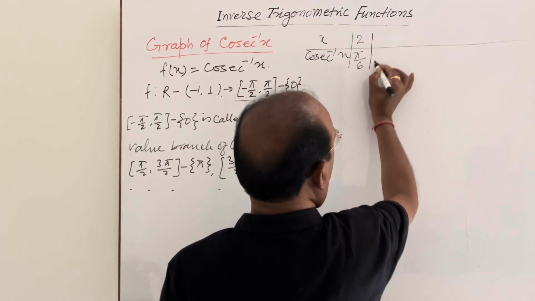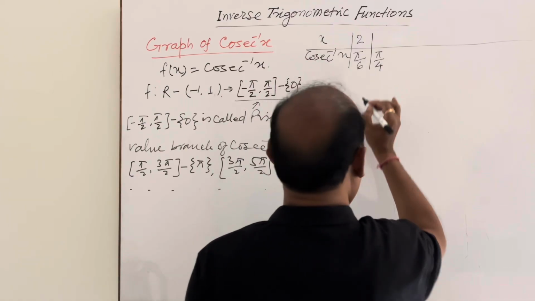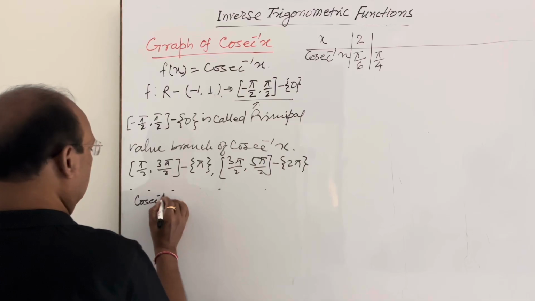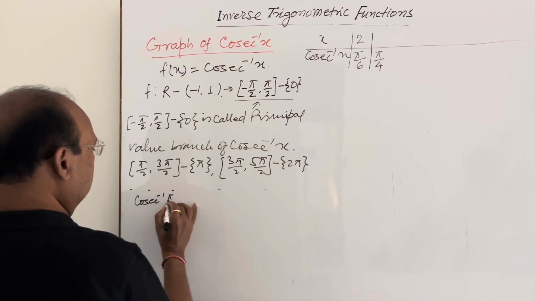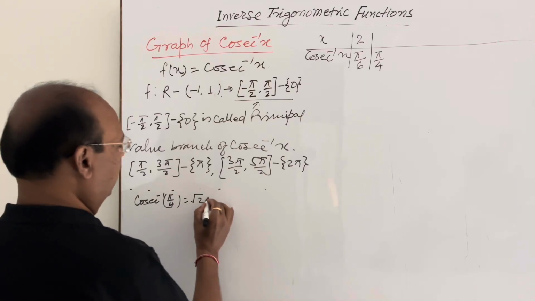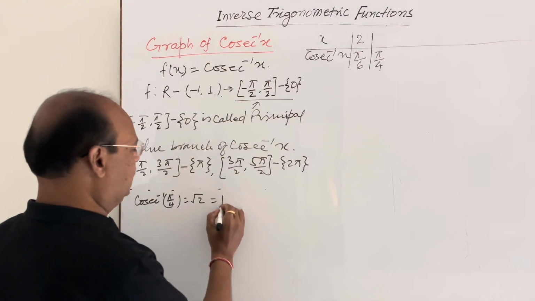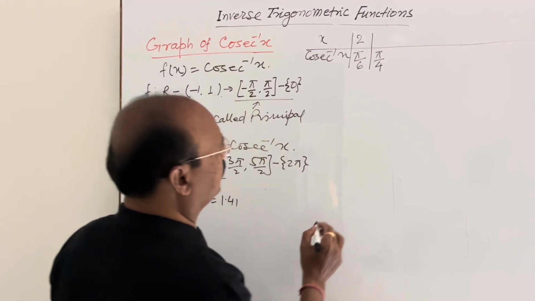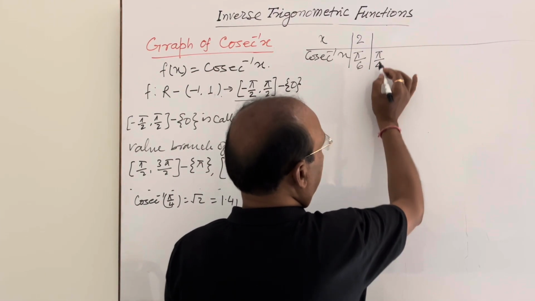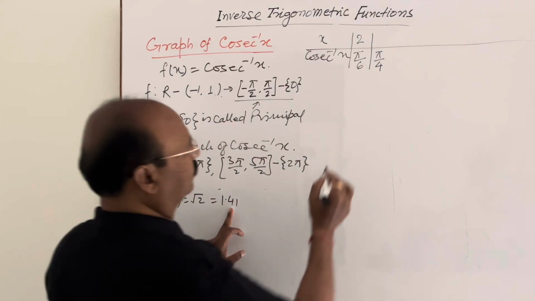Now we can take pi by 4. So the value of cosec of pi by 4 is equal to root 2, and the value of root 2 in decimal form is 1.41. So against the value of cosec inverse x equal to pi by 4, x will be 1.41.